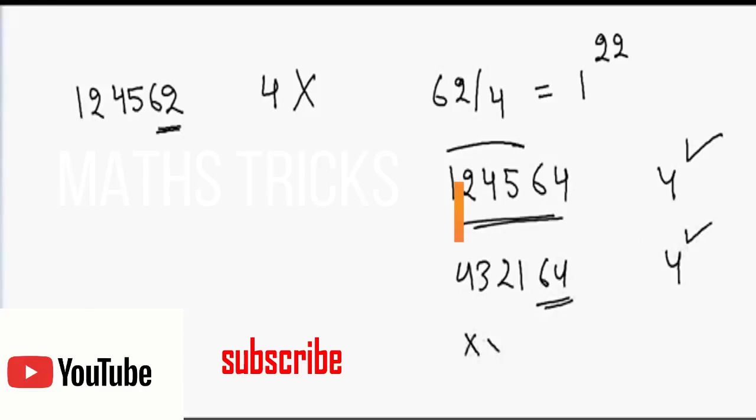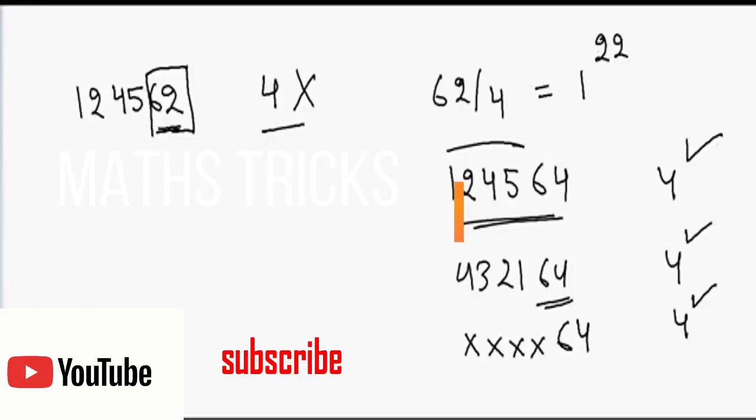Or I can write x x x x and 64, then this number should also be divisible by 4. So I have to look at the last 2 digits to check if the number is divisible by 4 or not. In this case it is not.